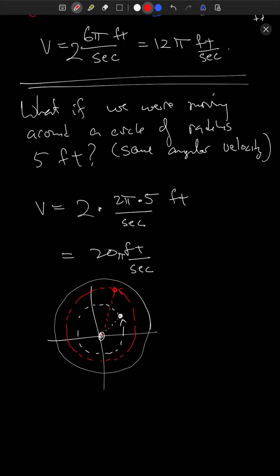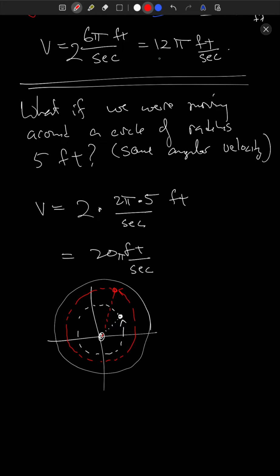So you can see that our linear velocity is different, 20 pi versus 12 pi, depending on how far we are from the center of the circle. In fact, the farther we are from the center, the faster our linear velocity is.